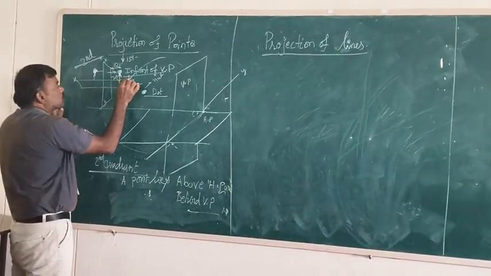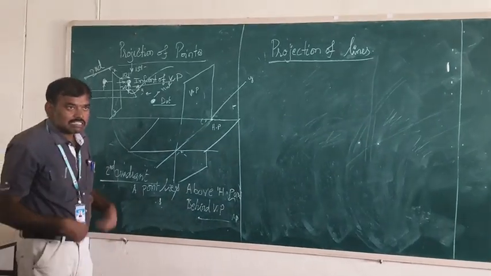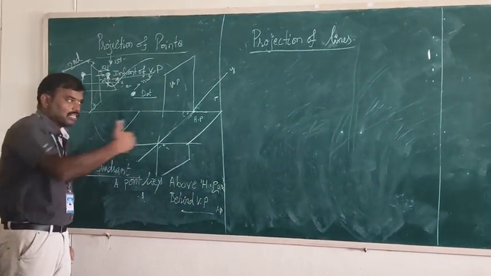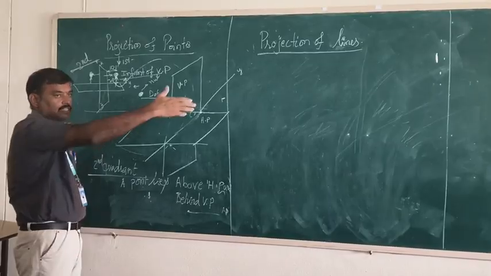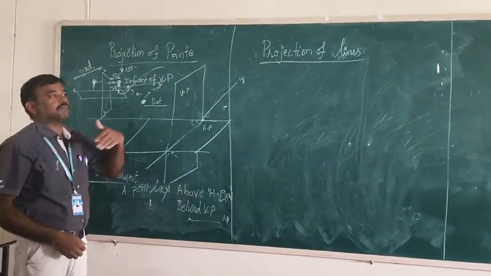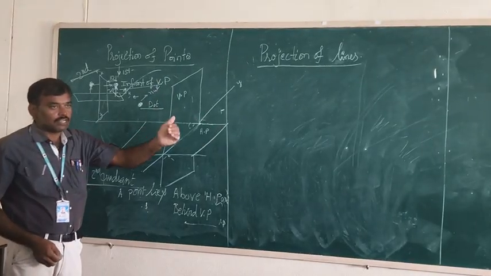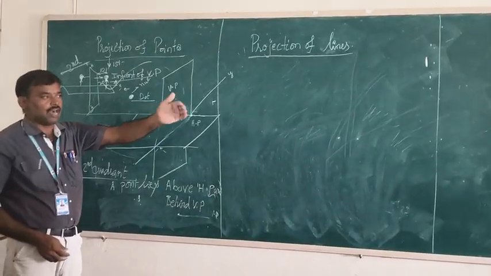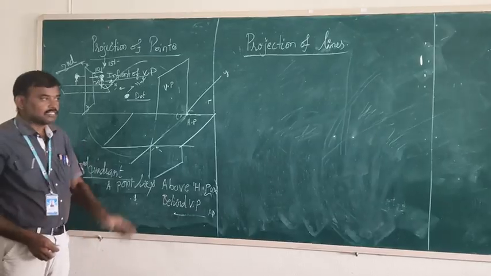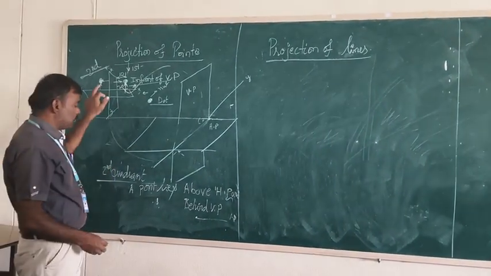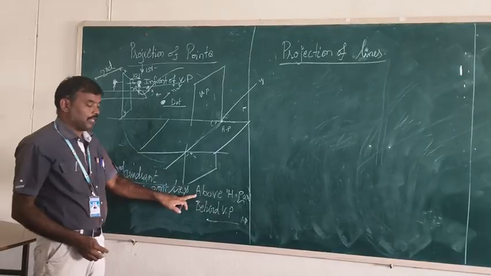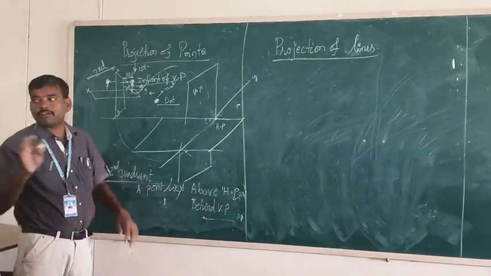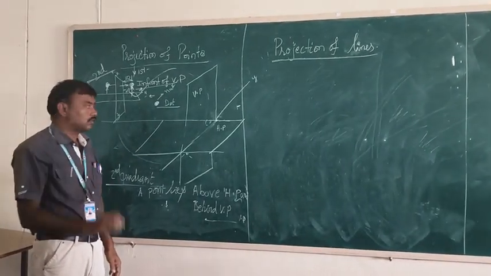But when the observer stays constant and doesn't want to change his position, like me, I want to see the front view like this, right? But I don't know what is behind that wall. You getting or not? That wall is called a vertical plane, and I don't know what happens backside of that wall because it is not visible to me. So my statement is: above HP, behind VP. Up to these two quadrants, do you have any doubts? Good.